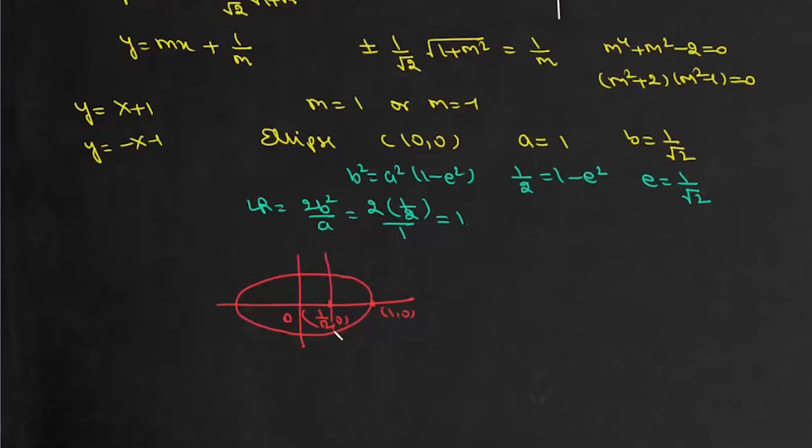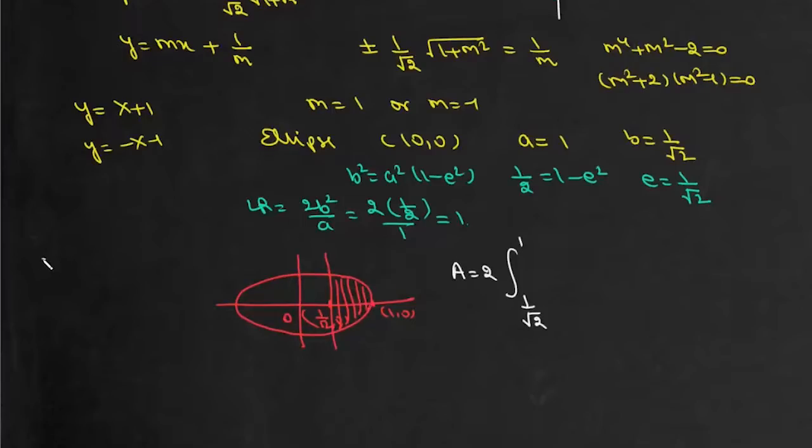So we are talking about this area. Now since there is a symmetry in the problem, area above x-axis is same as area below x-axis. So this area will be 2 times and then this integral from 1 by root 2 to 1 and then y dx.